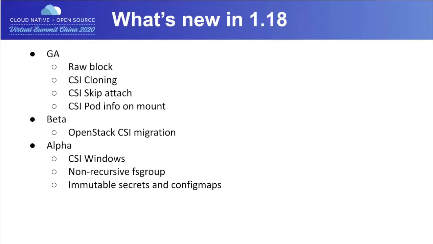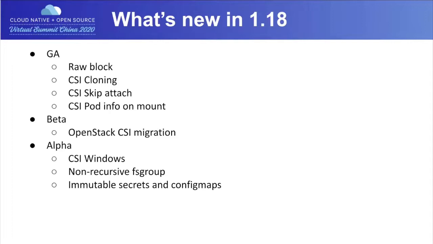So this is now in alpha, and currently there are a couple of CSI drivers from Azure and GCE that support this, and I believe more are coming down the line. For all of these CSI features, they all depend on the CSI driver to actually support and implement it. So please check with your CSI driver whether or not it supports these features.